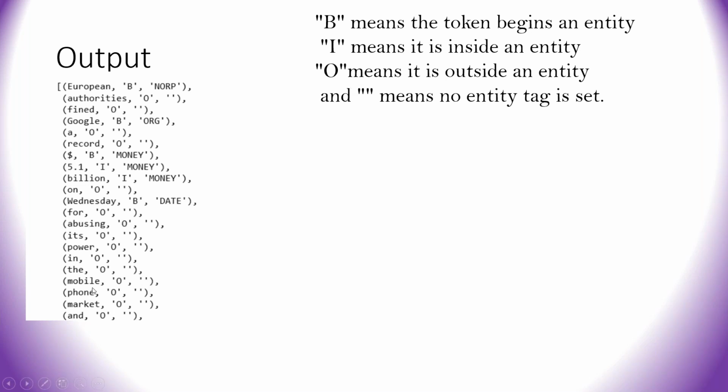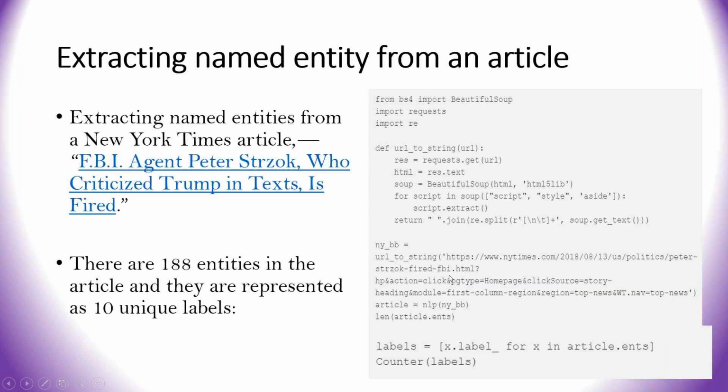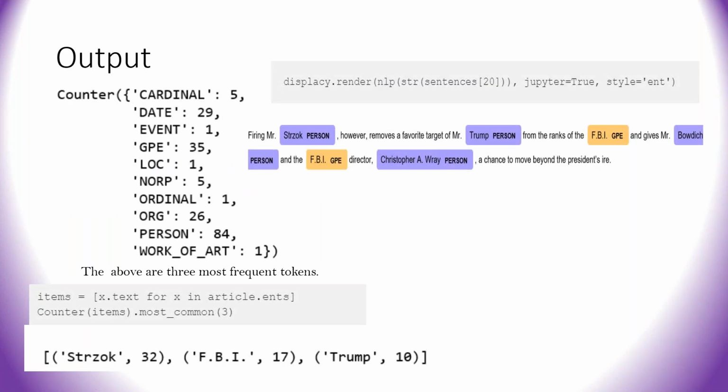So things like mobile phone market are all O, which identifies outside an entity. And if an empty tag is given, it means there is no entity in this set. So how we extract named entities from an article is discussed in the code.